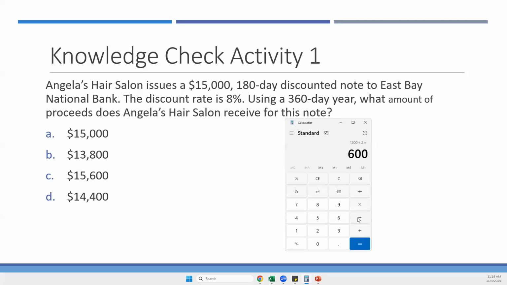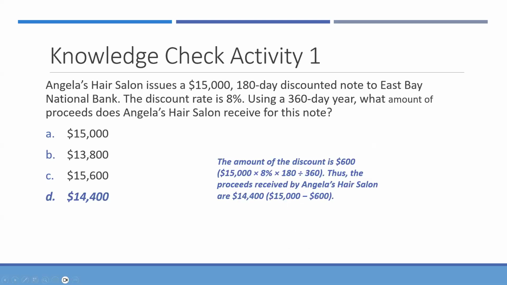And so we just subtract that from the face value. So 15,000 minus 600 is 14,400. So the correct answer is D, and that is what most people did get. So great job.